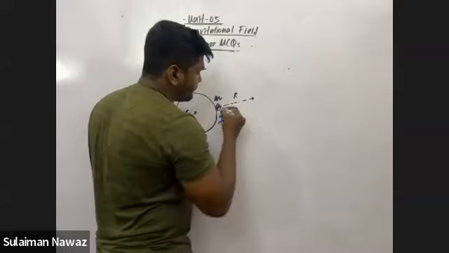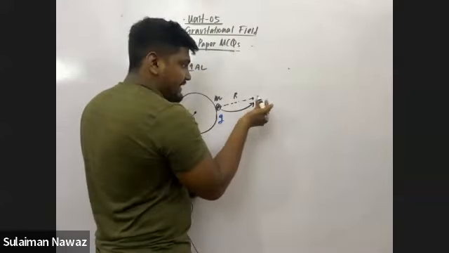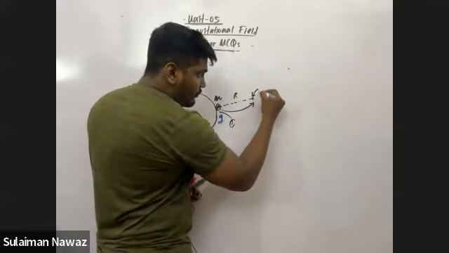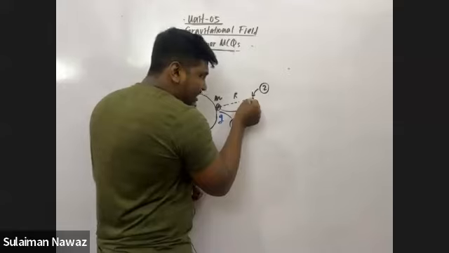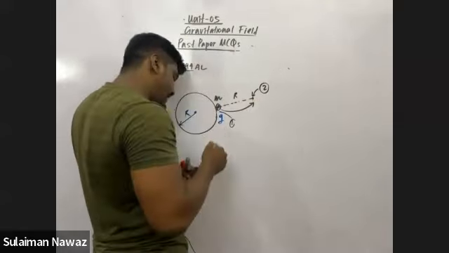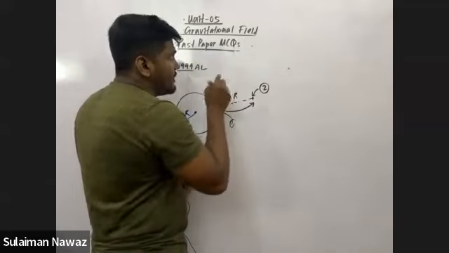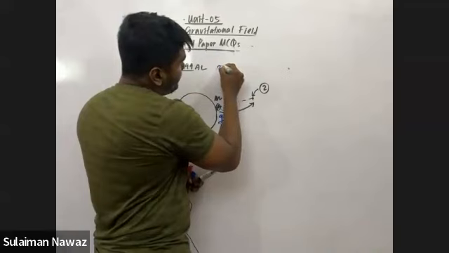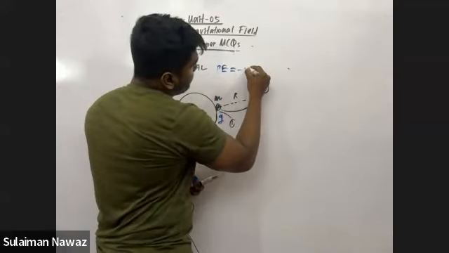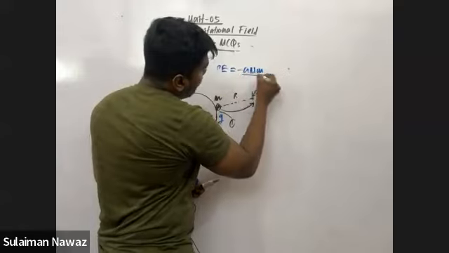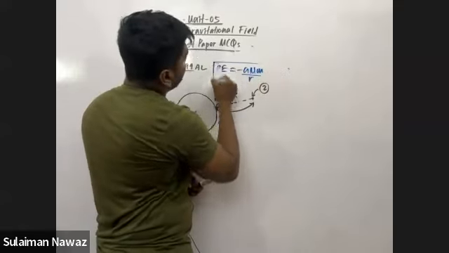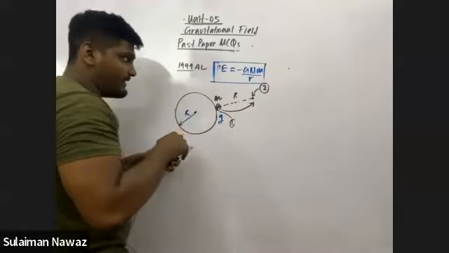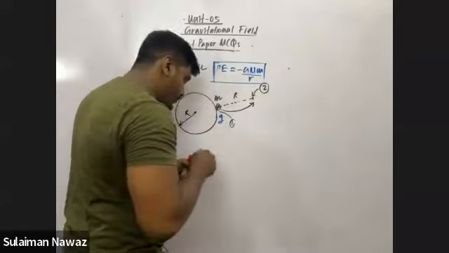That's what they ask. Then you can easily find it. Say this point is point 1 and this point is point 2. What is the equation to find the gravitational potential energy? The equation is minus G capital M small m over R, right? Then shall we find the gravitational potential energy at point 2?